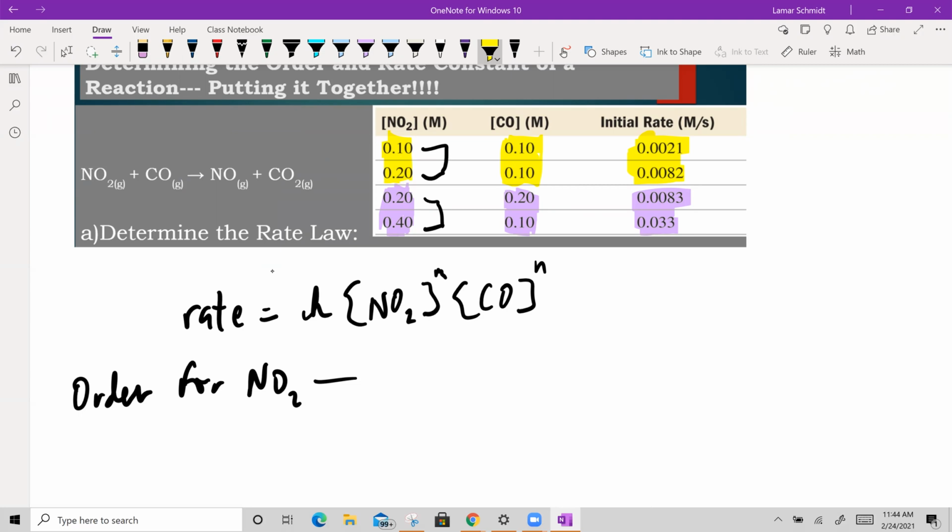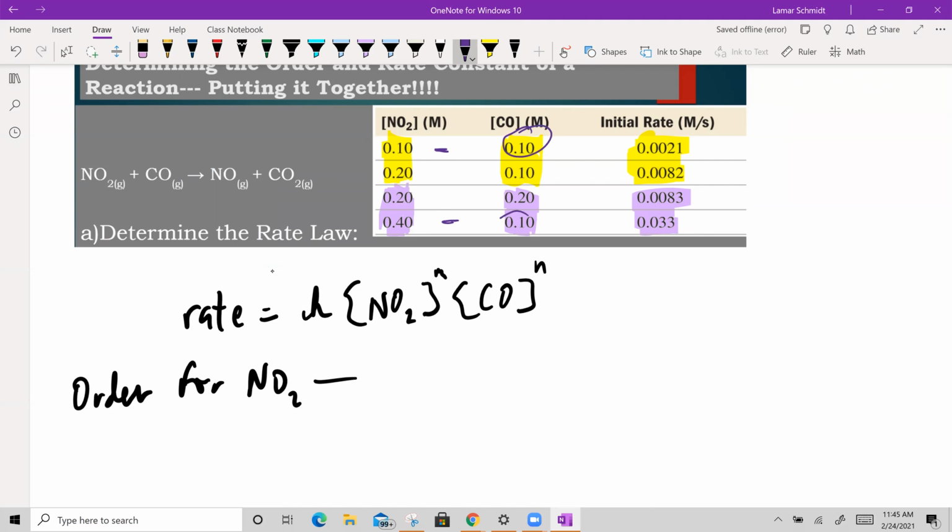So I have to use these 2 points. And I'm not bound by just using those 2 points because there's other places where I can use this too, but that's a good place to start. For instance, I could also use this one and this one. Why?